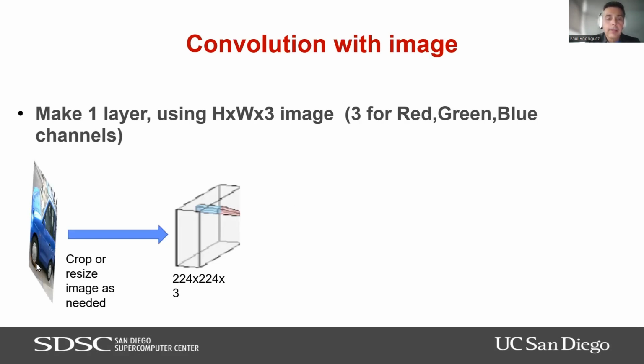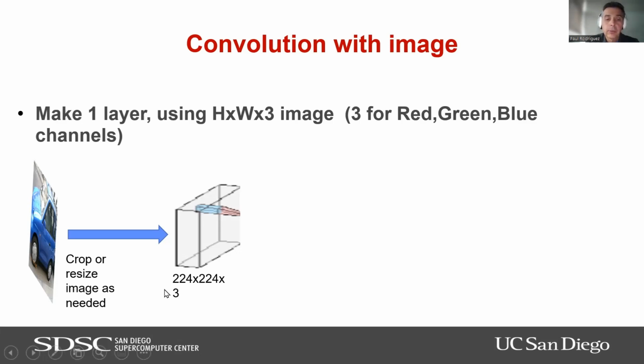So here I have an image, and when you run an image processing or image classification problem, all your images should typically be the same size, and you're going to crop or resize them in some manner so it produces, in this case, a 224 by 224 by 3 input image.